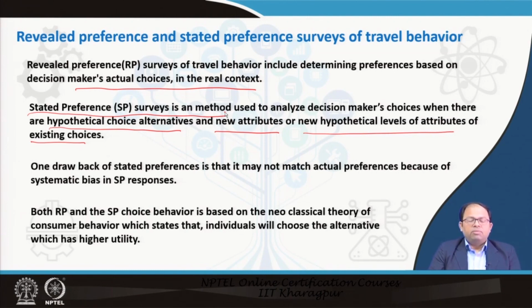So that is one of the biggest drawbacks of SP surveys, and both RP and SP choice behavior is based on the neoclassical theory of consumer behavior, which states that individuals will choose the alternative which has got the highest utility. That means using both these surveys, we are able to get the choices of individuals, and using those choices we can develop statistical measures and models to say what influences their mode choice.